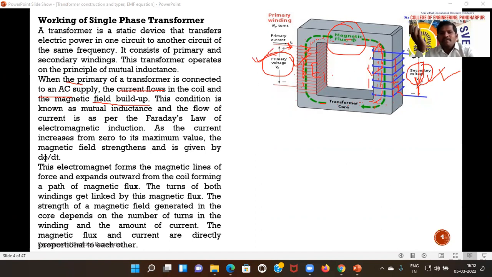It is also mutual: secondary current मधून primary मध्ये EMF induce होतो. So we call it the mutual induction principle. And if we increase the current, then the magnetic field created by that coil will also increase.